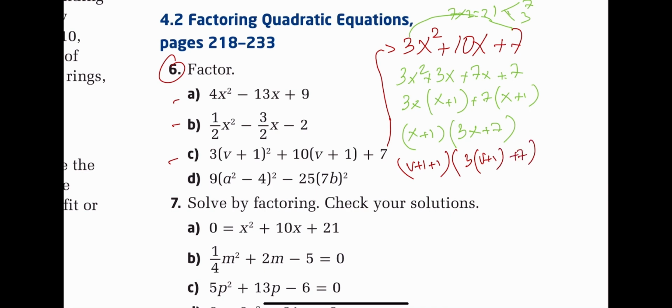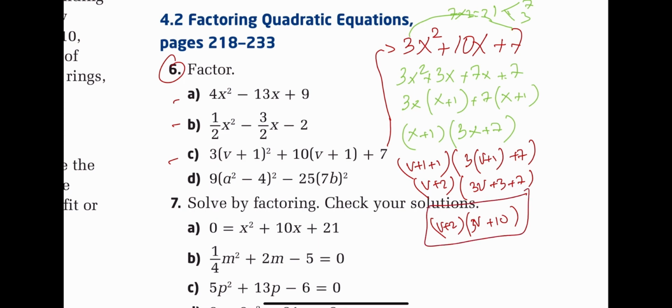This is v plus 2 times 3v plus 3 plus 7, which gives us v plus 2 times 3v plus 10. And I got my final answer, which is here. Good.